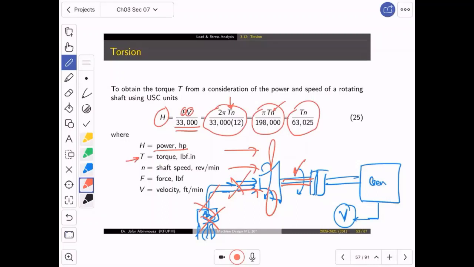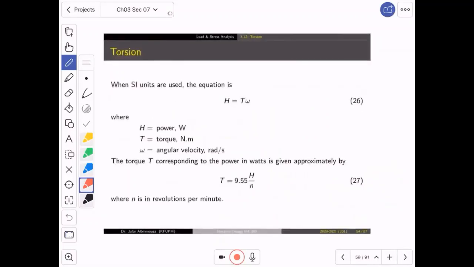Now, most of the time, we tend to use SI units. In SI units, the power is related to the torque multiplied by omega. Omega is the angular velocity. You get that? So the power will be in watts, just like the turbine. A 500 kilowatt wind turbine is equal to some torque multiplied by angular velocity, which is measured in radians per second.